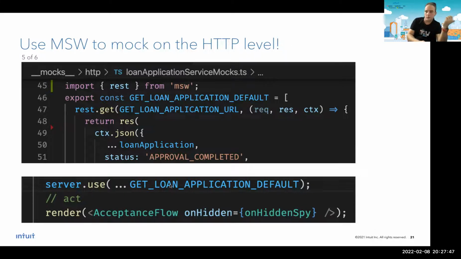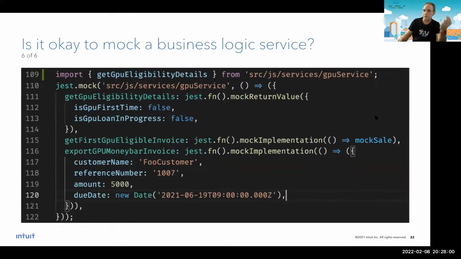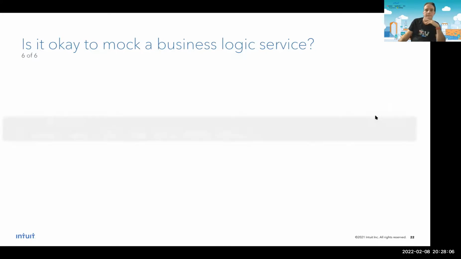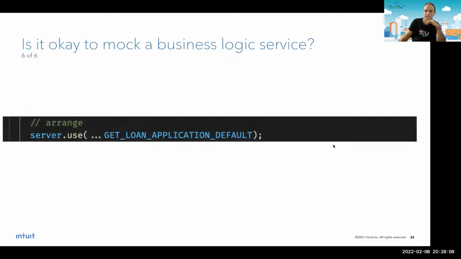I believe most of you know that there are a lot of bugs usually happening on the integration between React and a business logic service. And by using those HTTP mocks instead of your business logic service mocks, you will be absolutely sure that you do not have such bugs. So instead of this, you can just use a network mock, and that's it.